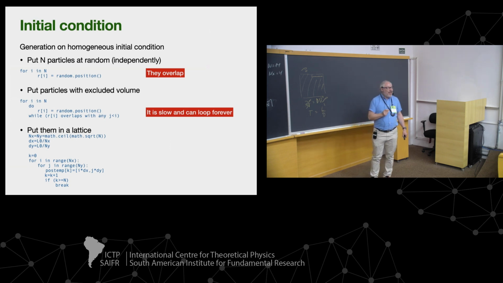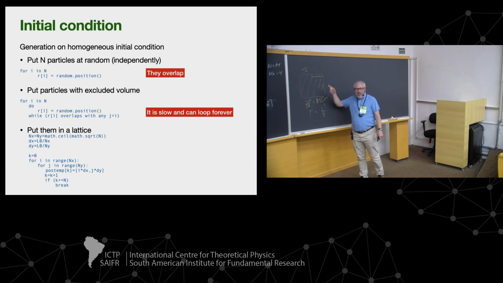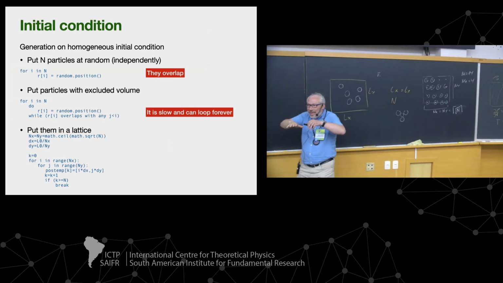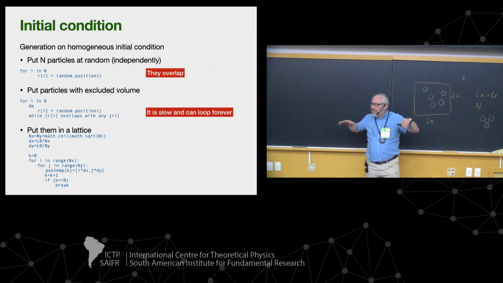So you have to simulate at a time scale L squared divided by the diffusion coefficient just to start your simulation, because you created an inhomogeneous initial condition. So the system is relaxing to homogeneity, and then you start your simulation.